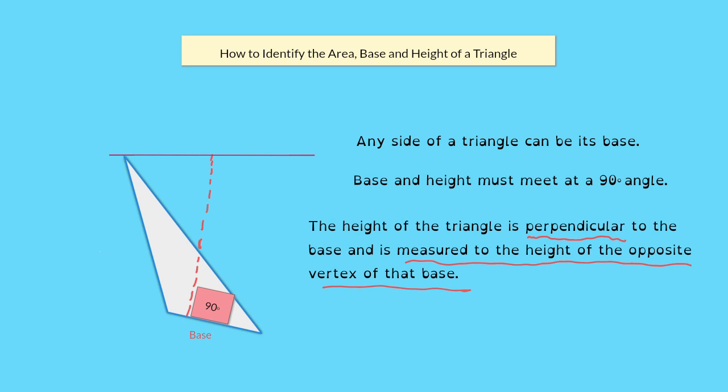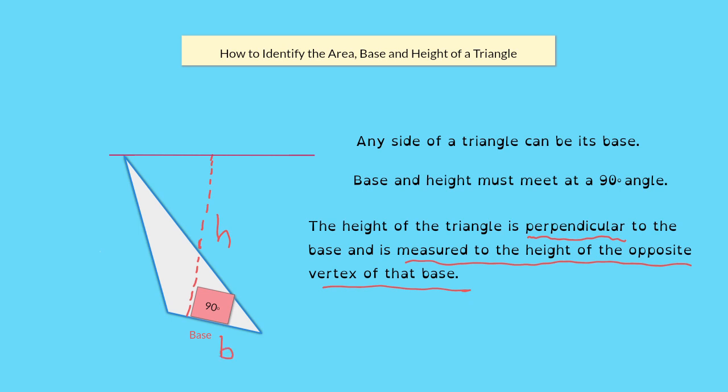And so this line here represents the height of the opposite vertex. This dotted line represents the height that corresponds with the base there. All right. And so I'll put an h next to here just to show that this represents height. That would be my height, and this would be my base.